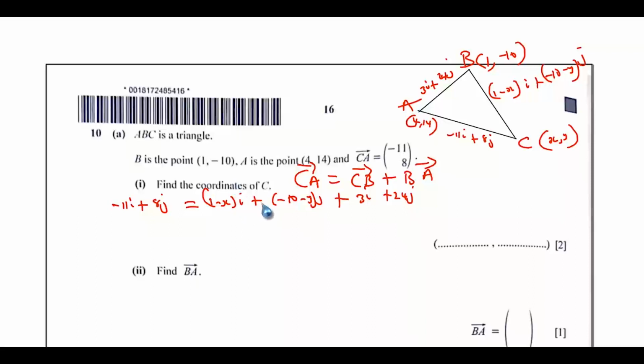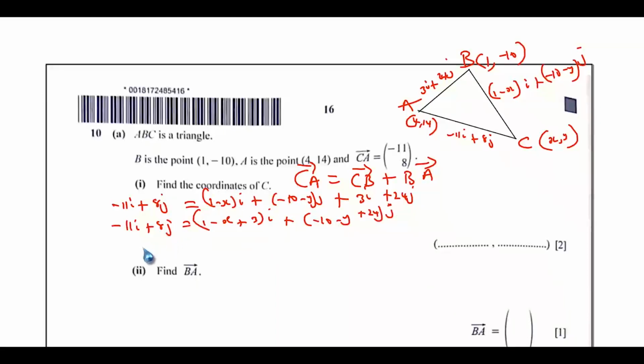So let's expand each of these brackets. We have negative 11i plus 8j to be equal to, let's collect the like terms, that's the i and the j respectively. (1 minus x plus 3) into i, then plus (negative 10 minus y plus 24) into j.